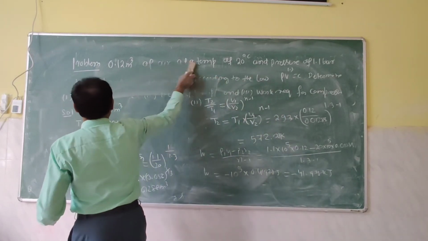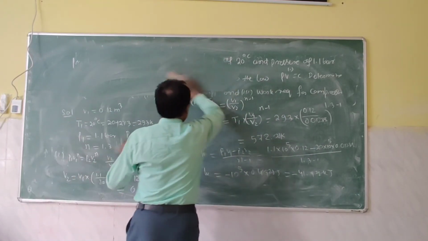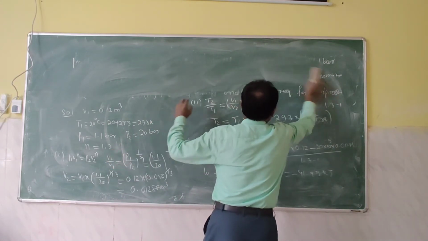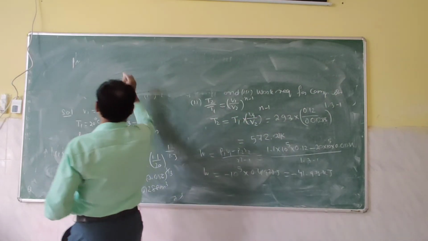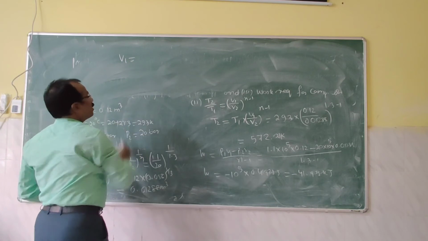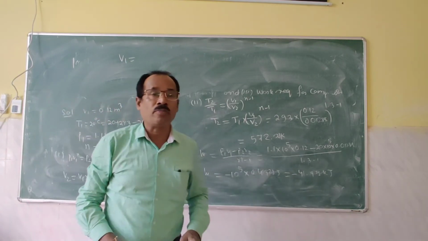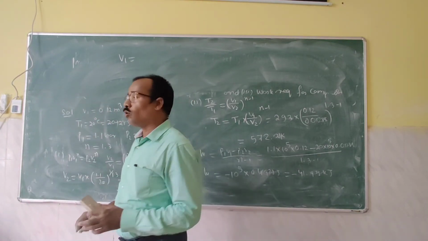First of all, data given. V1 is equal to initial volume is equal to 0.12 meter cube.